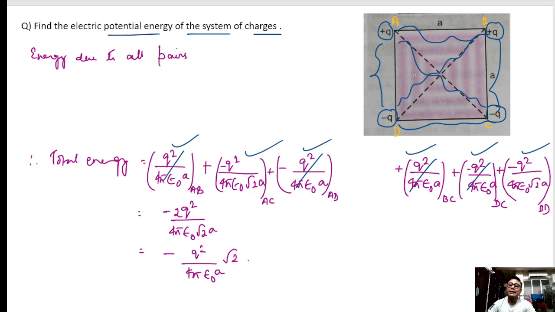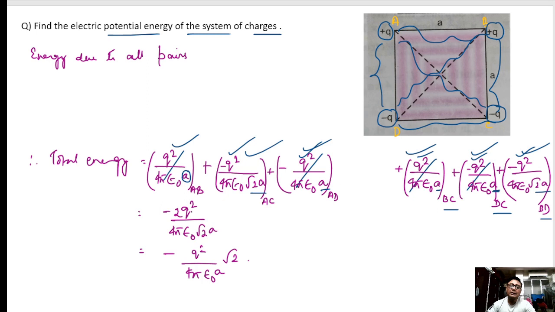So the distance between A and B, as you can see, is taken as A. Charges are Q and Q. Between A and C, the distance is root 2A, and charges are Q and minus Q. A and D, the distance is A, and the charges are Q and minus Q. B and C, the charges are Q and Q, and distance is A. Between D and C, the charges are Q and minus Q, and the distance is A. Between B and D, charges are Q and minus Q, distance is root 2A.